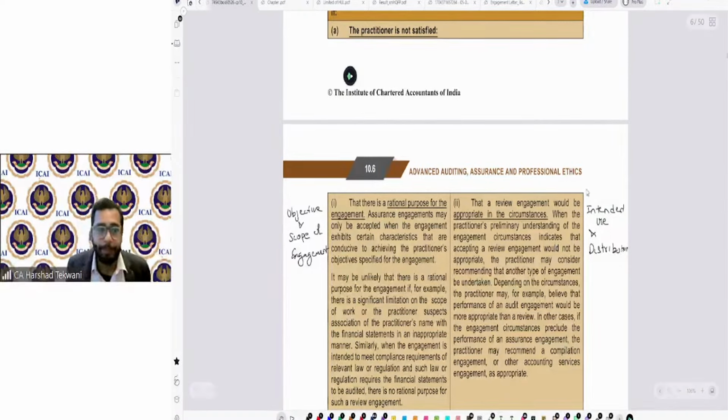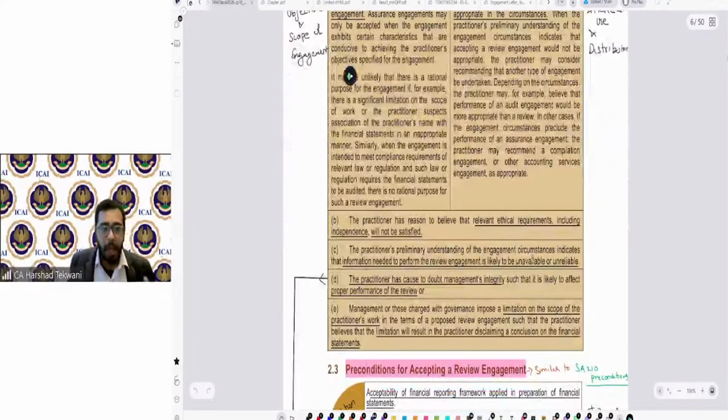Not appropriate. Also when ethical requirements cannot be fulfilled, information required to perform the review engagement might not be available, or the practitioner has doubt about the integrity of management. There could also be a limitation on the scope of the practitioner's work, which could result in either disclaiming an opinion or issuing an adverse opinion.